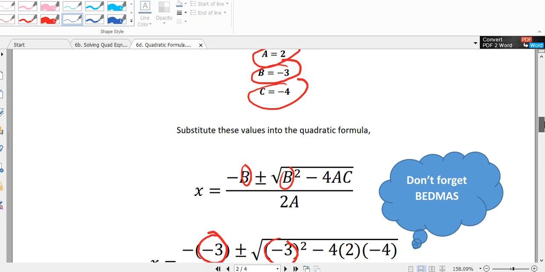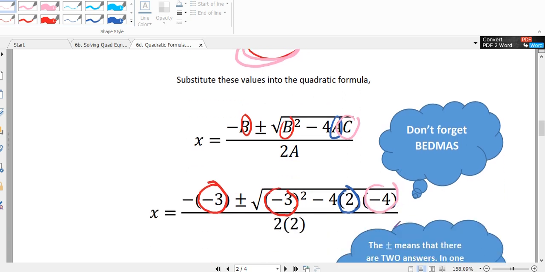Let's scroll back up again. My a value is 2. Times c. What is my c value? Negative 4. So I'm just plugging in. Divided by 2 times 2. Well, where did that 2 come from? Well, it was my a value.